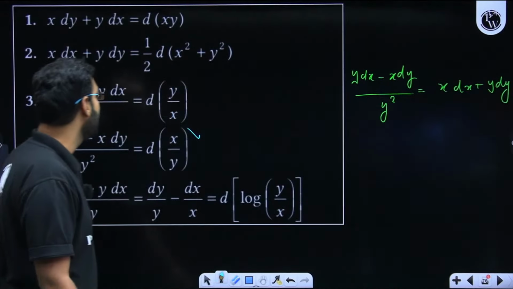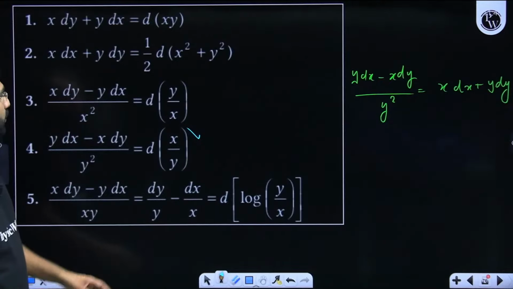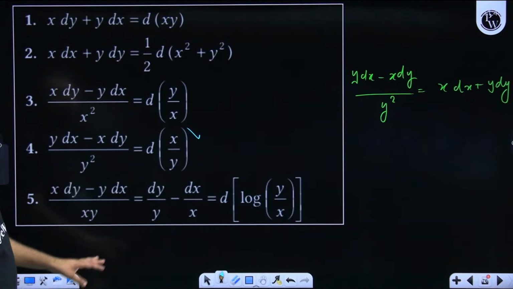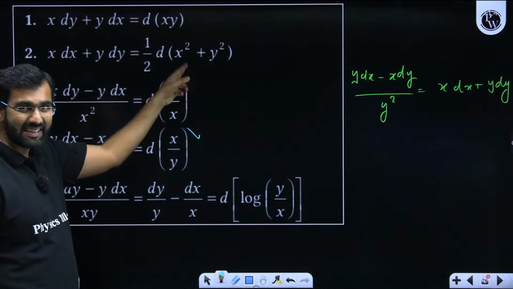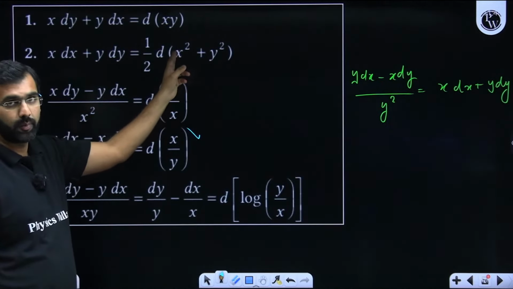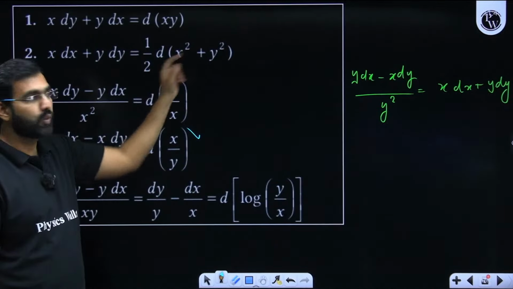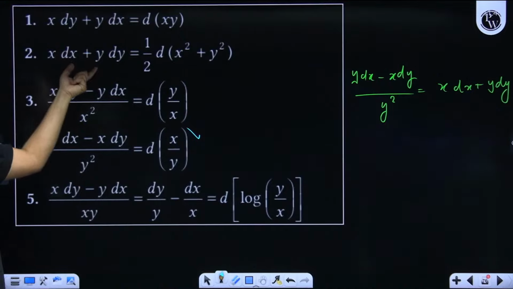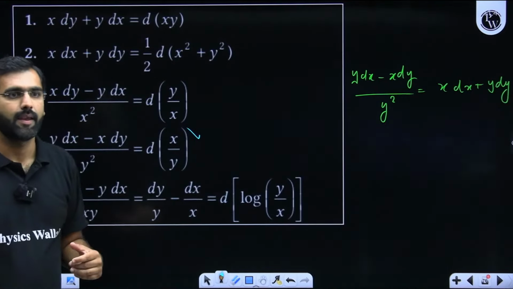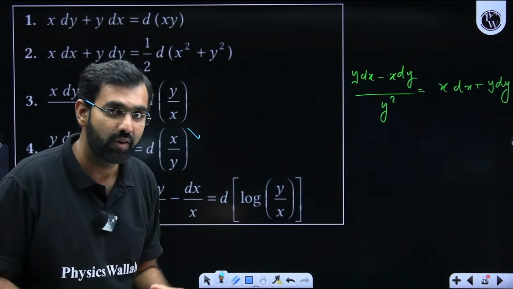I hope you remember that. And here, d of x square plus y square will be 2x dx plus 2y dy. So x dx plus y dy can be written as half of this. Are you all listening and understanding, everyone?